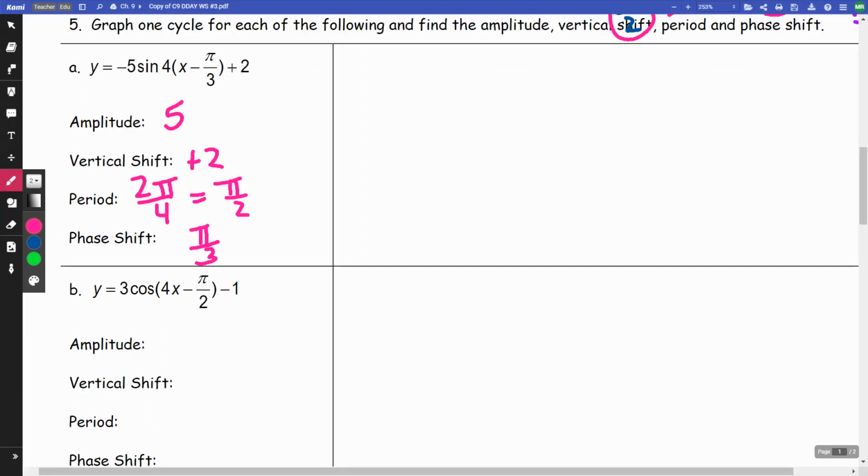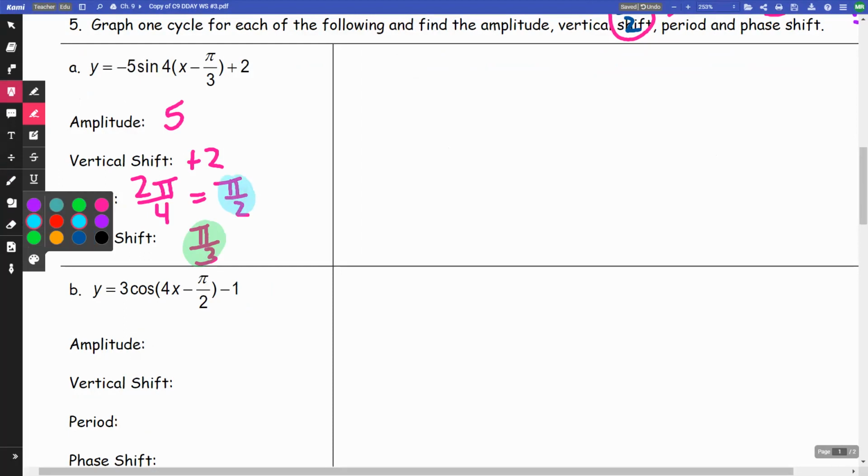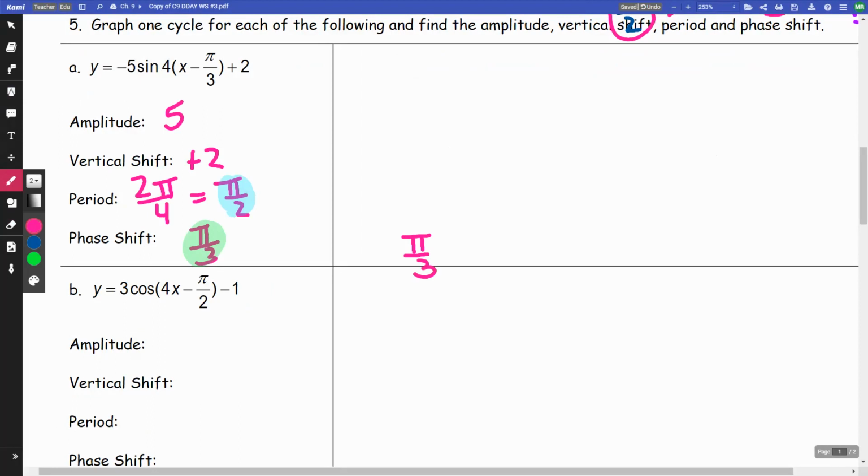Now, what I'm going to do is take my phase shift and add the period on. It's because I'm going to start at pi thirds. I'm going to go pi halves away. So when I do that, I'm going to have 2 pi 6 plus 3 pi 6, which means I'm going to end at 5 pi 6.